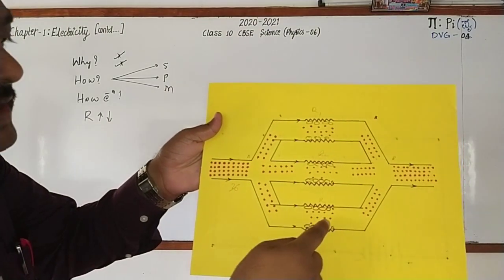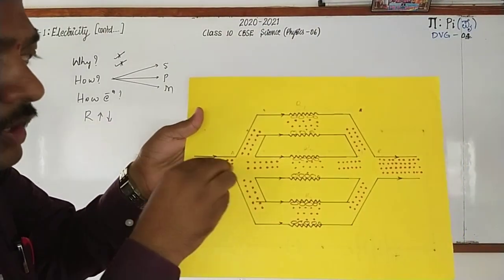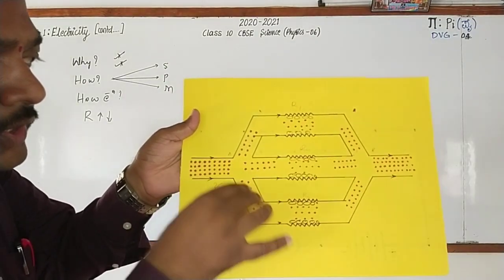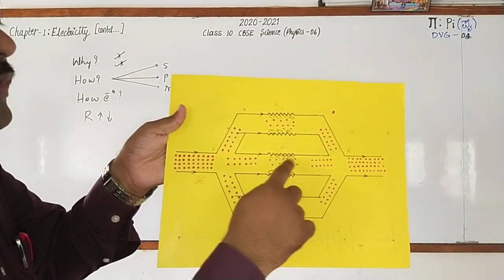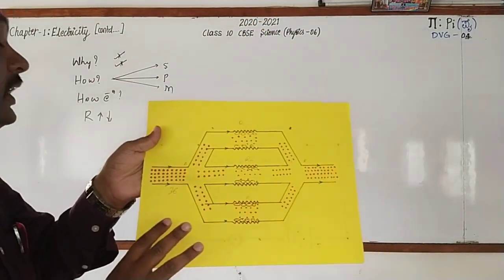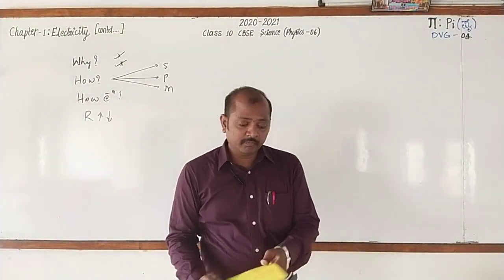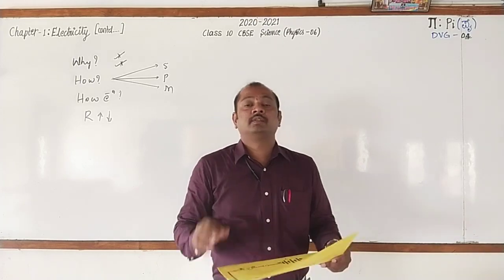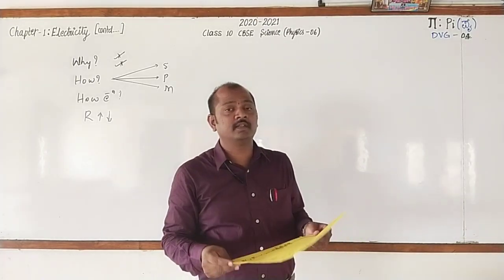Here three resistors are connected in parallel, and these are the electrons, and all these electrons will distribute into three parts. Hence there will be less obstruction for their movement. As a result, electric resistance decreases. Clear? Okay.